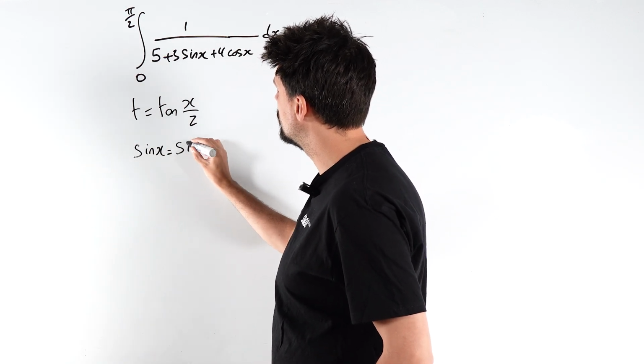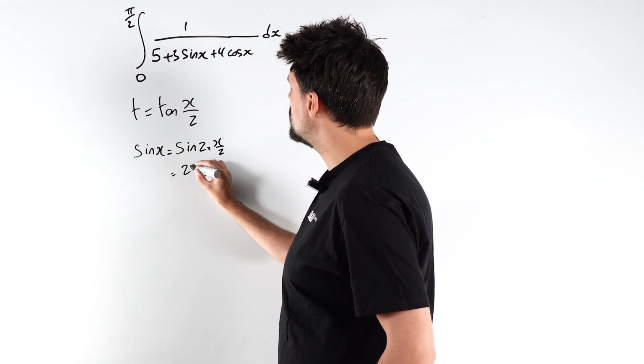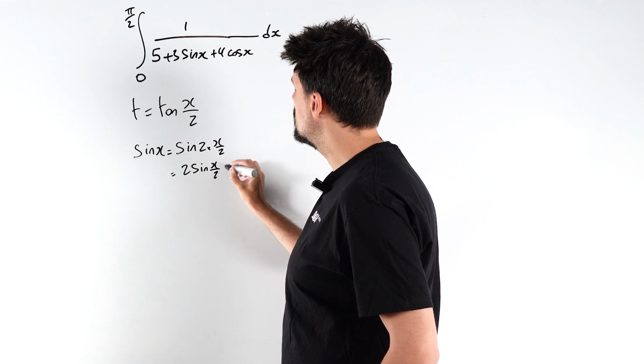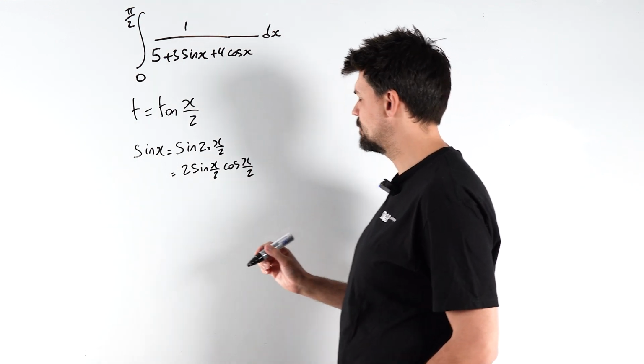Sine x is sine of 2 times x over 2, which is 2 sine of x over 2 cos of x over 2.